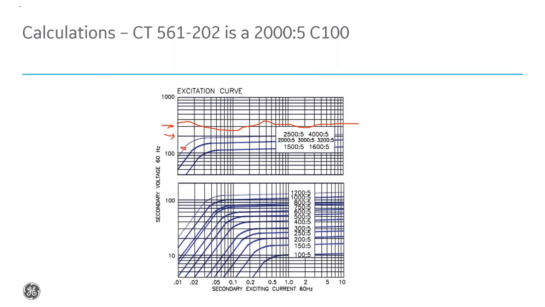The reason we can't use that is because the CT won't develop enough voltage to support the application and support the current. So let's look at the mitigation factors that we could use here. On this example, there's a couple of things we could do to mitigate this. One of the things that we could do is try to use a lower setting.